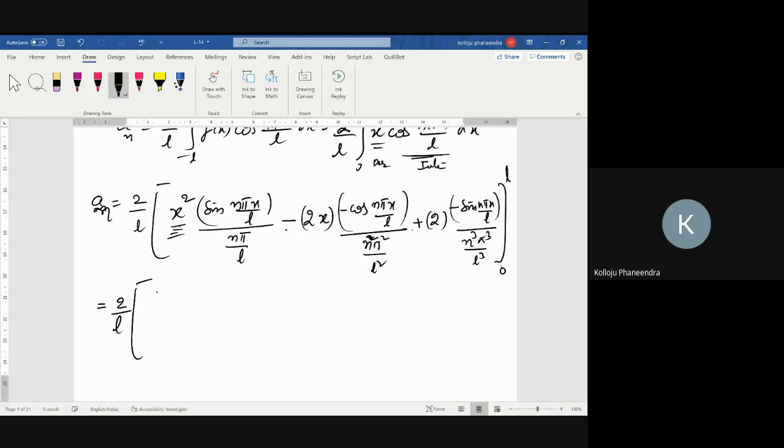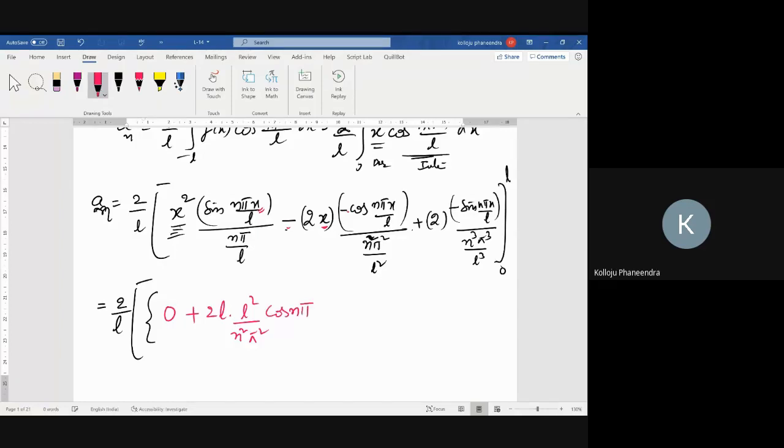Now, substitution of limits. First, upper limit L. If I substitute L in place of x, L gets cancelled, sine n pi is 0. First term is 0. This minus into minus plus, in place of x, L. So this is 2L and I can write L square by n square pi square, and if I put L here, this becomes cos n pi.